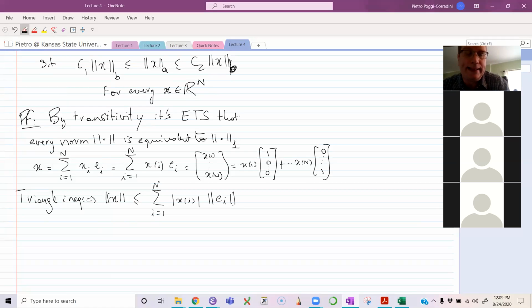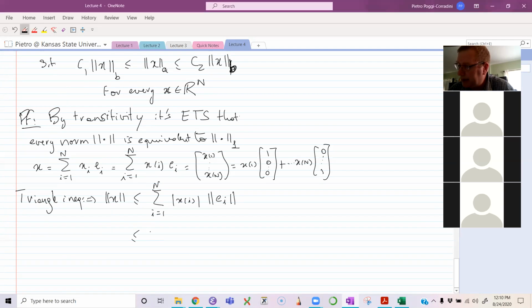But the dimension of Rn is fixed. It's capital N. We are not moving that. So I have a finite number of magnitudes here. I can estimate them by their maximum, and then it will come out.